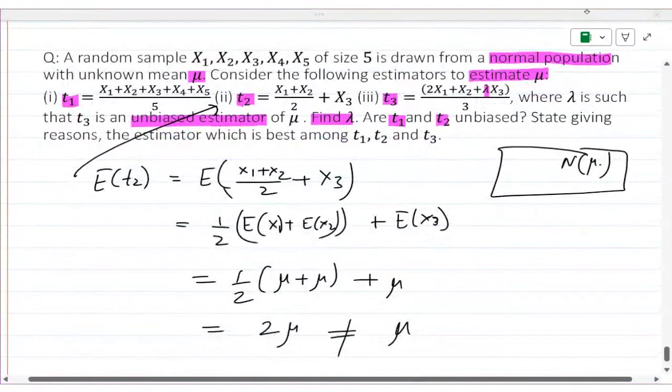And what other thing we have to see? State, giving the reason, the estimator which is best among T1, T2 and T3. So students, first of all tell me the value of lambda in T3. What is lambda in T3?